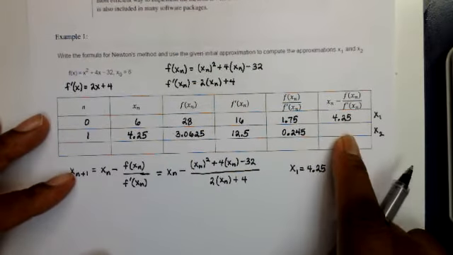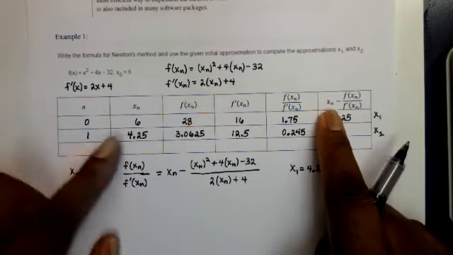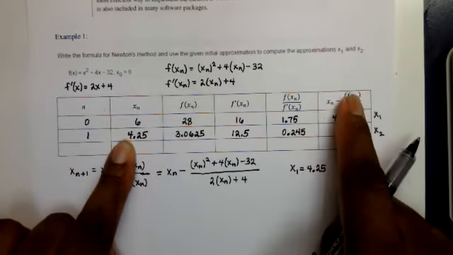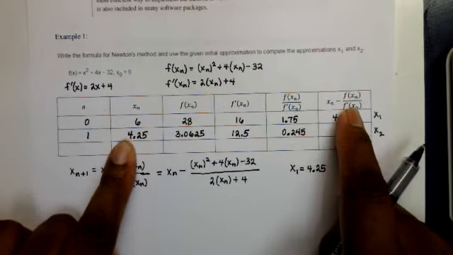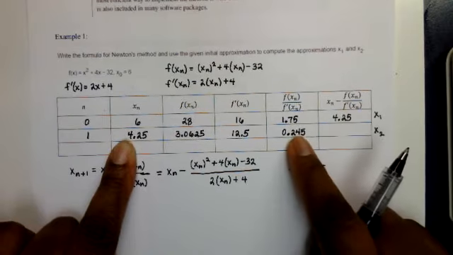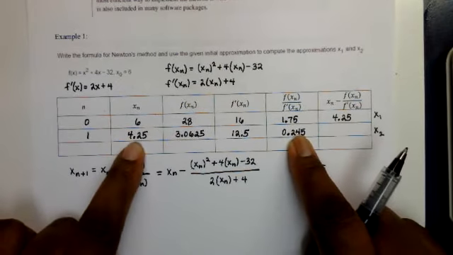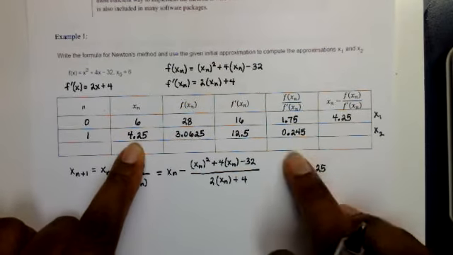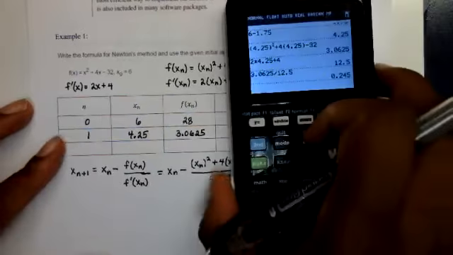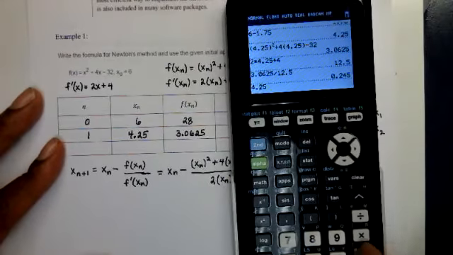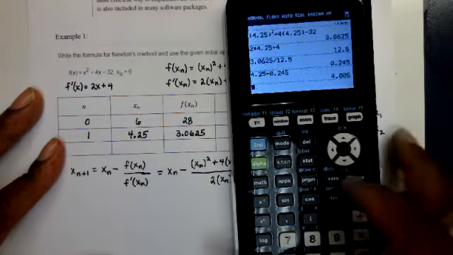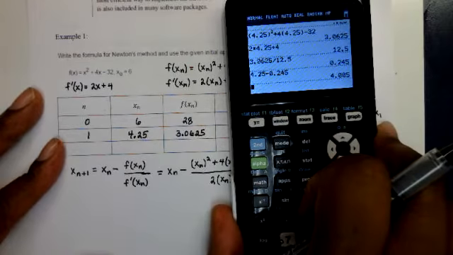And now to come up with this number in the last column, that's x sub n, which is this number, minus the quotient of f of x sub n and f prime of x sub n, which is this number right here. So I need to do 4.25 minus 0.245. That will end up being 4.005.